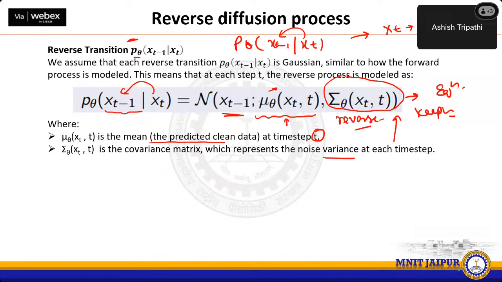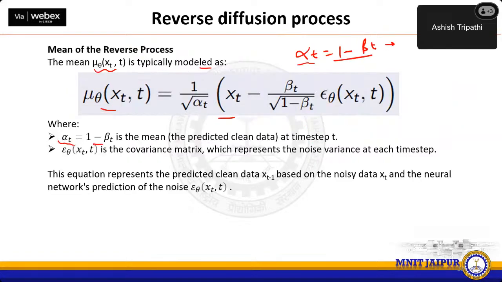What is my objective? I'm telling you again. I need to train a model which can predict the quantity of noise that we have added in the previous iterations. And by predicting the quantity of noise added in the previous iterations, we can retrieve the image or actual data in the previous iteration. That is my ultimate goal.